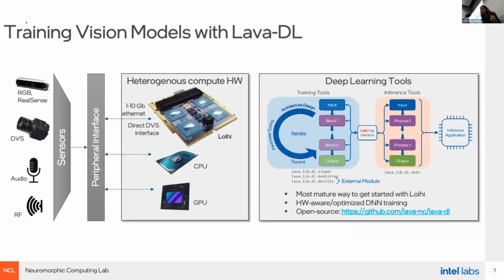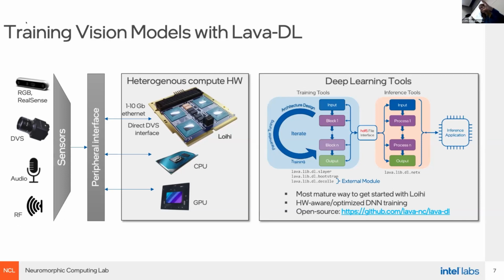So how our partners and us use the neuromorphic chip today for vision applications is in this pipeline. Most people still like to use deep learning because that has a clear framework and an easy way to design algorithms. So here in the pipeline, you have one pipeline for training the network, and you can use different tools to do that.